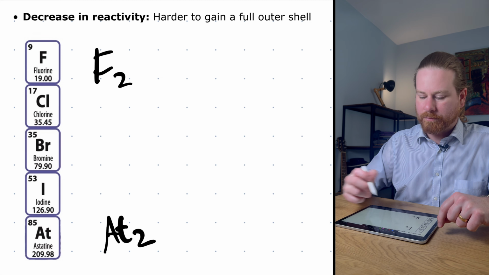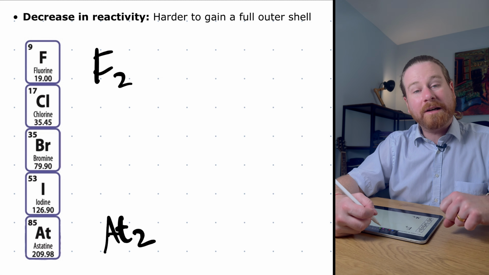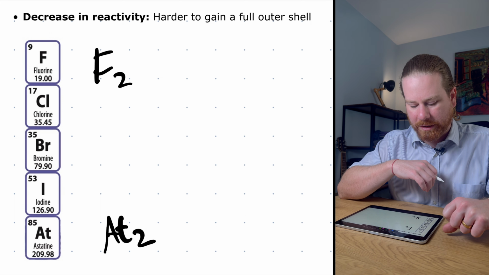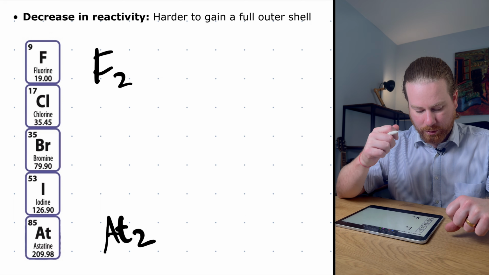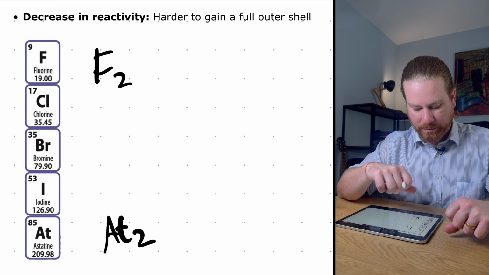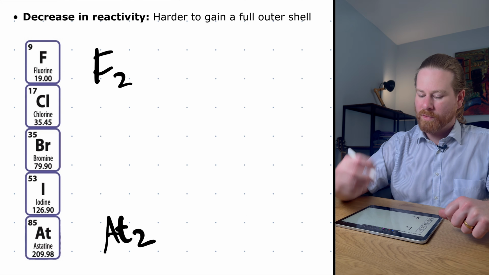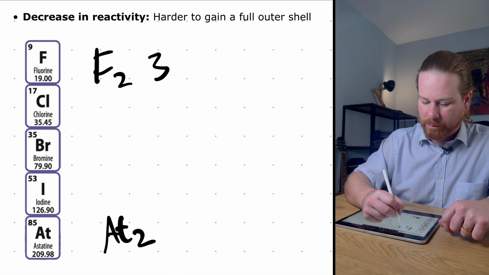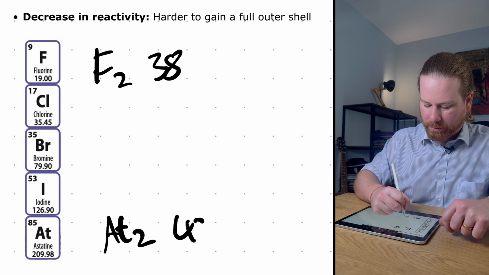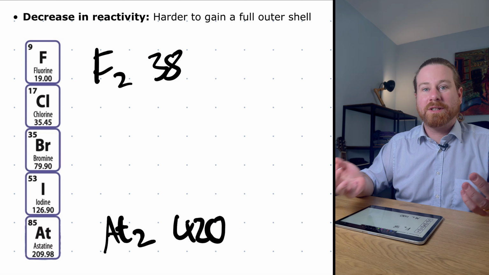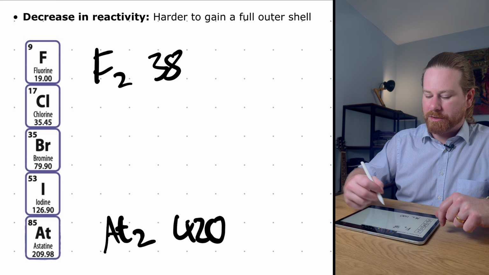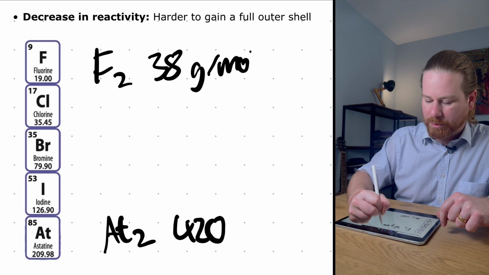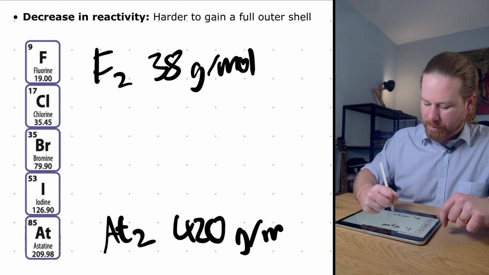So fluorine would have a mass of 19 times 2, so that would be 38. And then astatine would have a mass of 210 times 2, so that's going to be 420. So this will be 38, this would be 420. We can see that's a huge difference between these two. And I can put the units in, grams per mole.